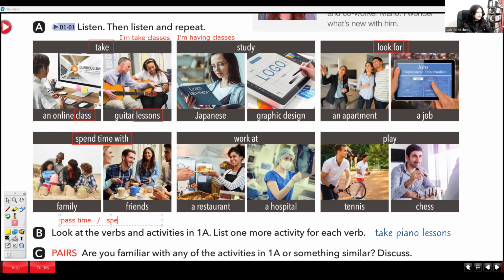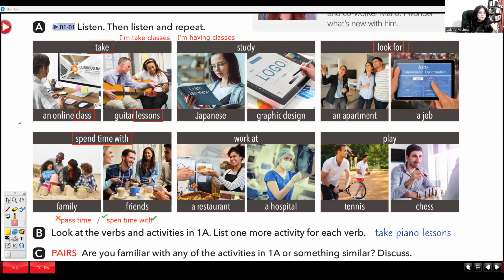We normally say spend time, okay? And if you're going to mention a person, spend time with, rather than past time, which sounds a little weird, right? So let's go for spend time.